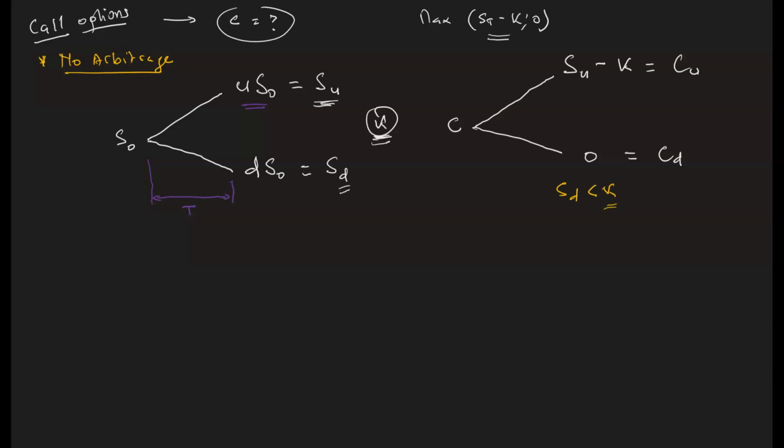So you're not going to exercise the option and pay K for the stock where you could actually buy it in the open market for ST. So the option is going to expire out of the money, with a value of 0. Now, if the stock price is greater than the strike price, you can buy at the strike price and sell at the stock price and make a profit, which is why it's variable. Its outcome is equal to ST minus K, and ST in this case is S up. So that's what our call option is.